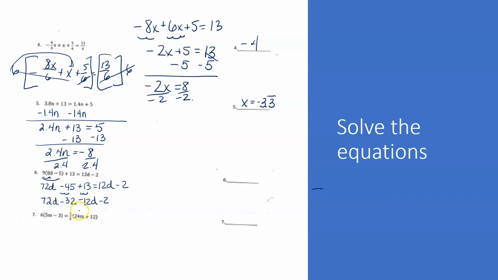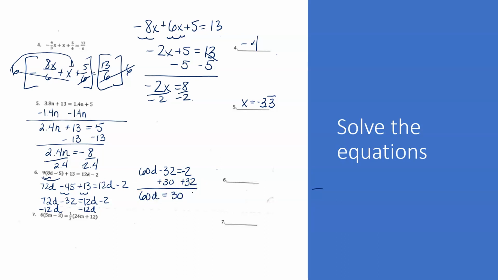So now I'm going to subtract 12d from both sides to get the variables to one side. And I'm going up here. I have 60d minus 32 equals negative 2. That's a copying error. I'm going to add 2 to each side, so I have 60d equals 30.